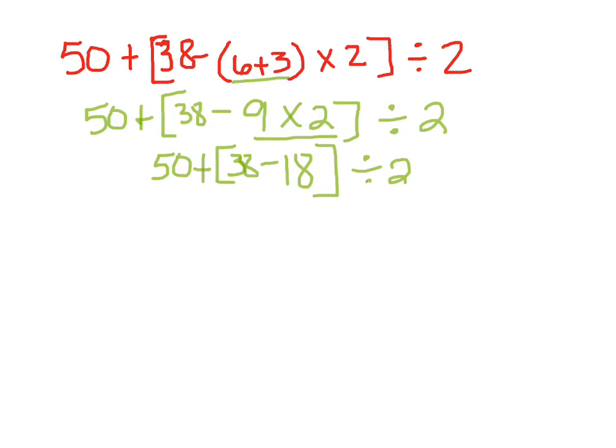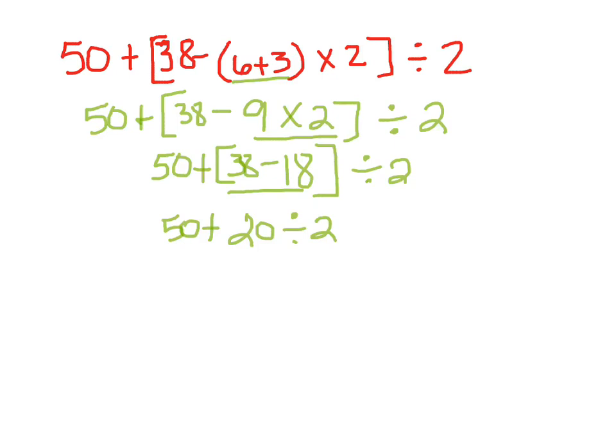Okay, so 38 minus 18 is solved next because that's inside the brackets. That is 20. Bring down the 50 plus, divided by 2. We don't need the brackets anymore because 38 minus 18 was all that was left, and that answer is 20.